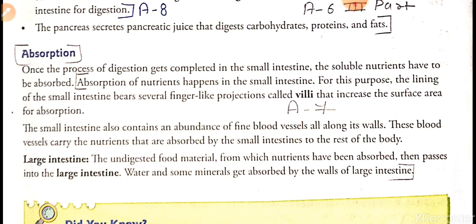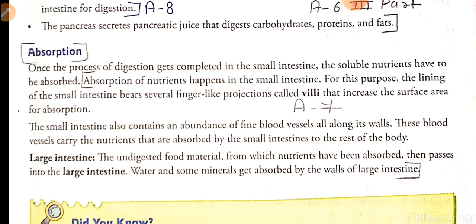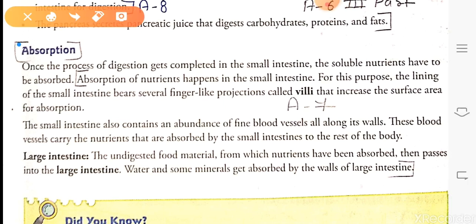Next we came to the small intestine, where the semi-digested food reaches along with the mucus, and the digestion of food is completed. Today we will talk about a very important topic, that is absorption. What is absorption?